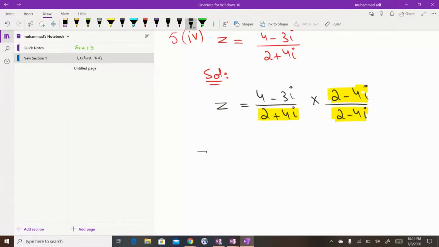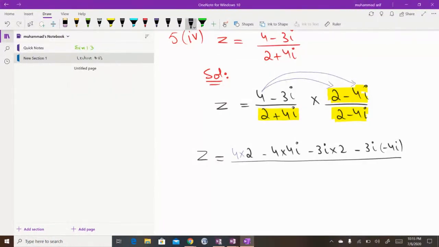Now simplify it. Here we multiply this 4 with 2 and again this 4 with negative 4 iota. Similarly, negative 3 iota with 2 and negative 3 iota with negative 4 iota. What do we get? 4 multiplied by 2, 4 into negative 4 iota, negative 3 iota multiplied by 2, and negative 3 iota multiplied with negative 4 iota.